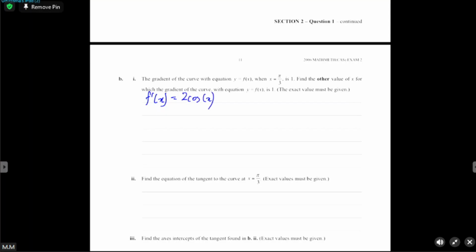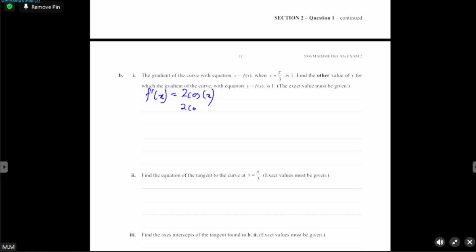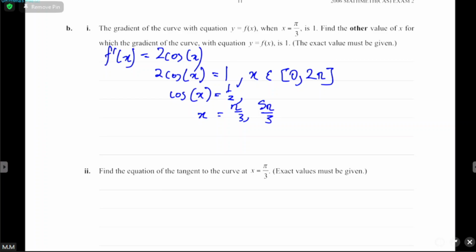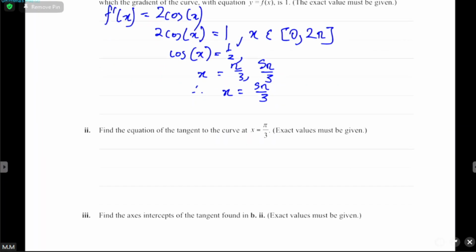You're finding another value of x so that the gradient is equal to 1. So that means 2 cos x is equal to 1 where x is between 0 and 2 pi. So cos x is equal to a half, and then you get x is equal to pi on 3 or 5 pi on 3. So here x is equal to 5 pi on 3, so it's just not pi on 3.